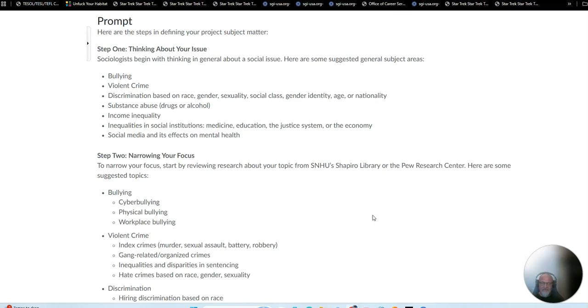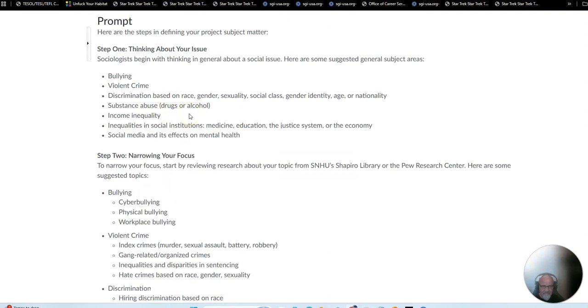Look at discrimination in the housing industry, or the justice system, or medicine, if that's what motivates you. Look at substance abuse, but narrow it down. Don't write me a paper about substance abuse. That's not a paper that's going to tell us very much. You want your paper to do a little work. So narrow it down.